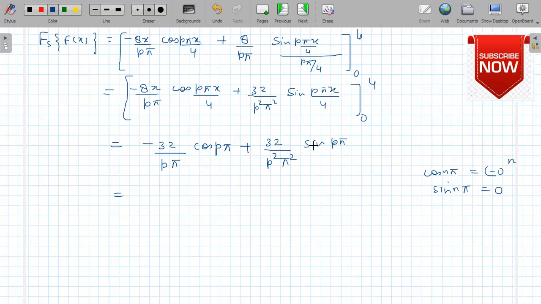So this expression will be 0, and in this expression we substitute minus 1 raised to the power p. So this is the answer, where p is a positive integer, so you can write here p is equal to 1, 2, 3 and so on.